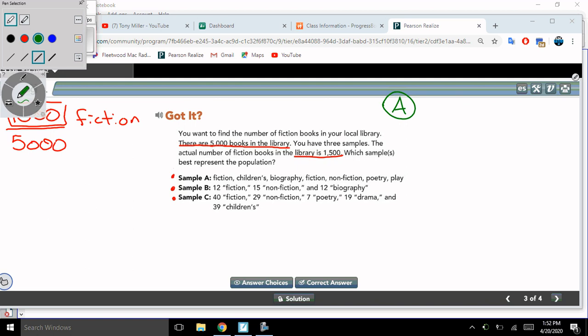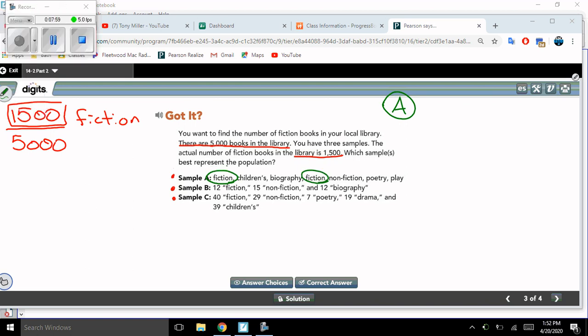In this situation, you can see we've got 1 fiction book, 2 fiction books out of 1, 2, 3, 4, 5, 6, 7. So our COP here is going to be 2 out of 7, and this represents our COP.